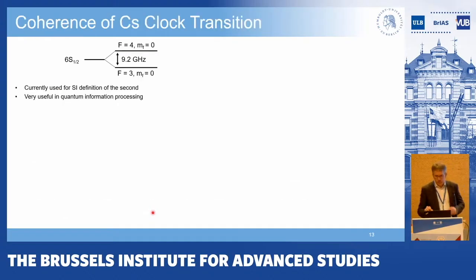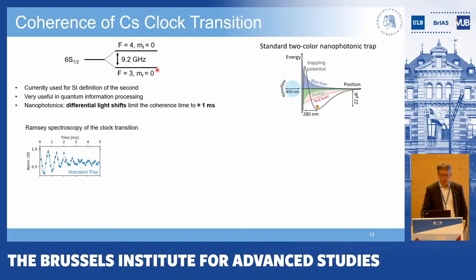So again, for the non-experts, cesium is the atom that defines the second, and it does so by the frequency of the so-called hyperfine transition between the two ground states of cesium here at 9.2 gigahertz. And this is also a system, these two hyperfine ground states, which is very useful for quantum information processing. So the time that a coherence, a quantum mechanical superposition between these two levels, lives is actually a crucial quantity.